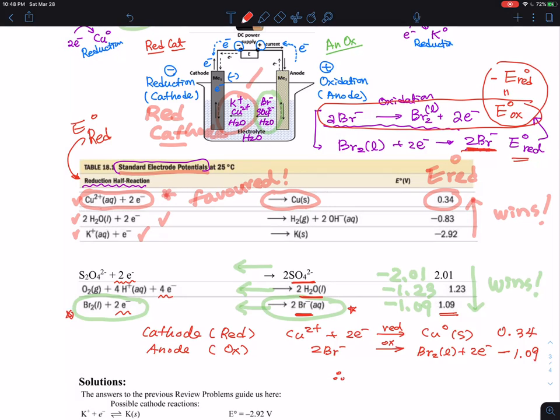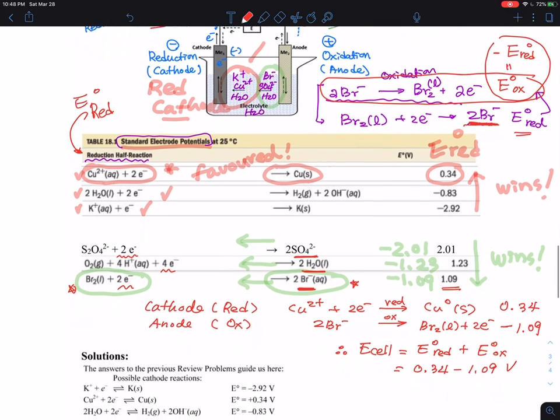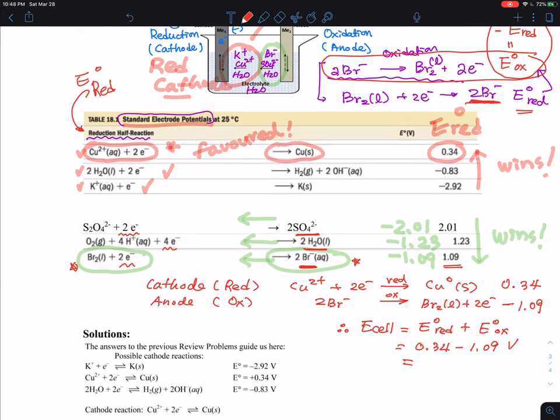So therefore, E cell, if you want to write it, is the E reduction plus the potential of oxidation, and that's 0.34 minus 1.09 volts, which is essentially minus 0.75 volts, right?